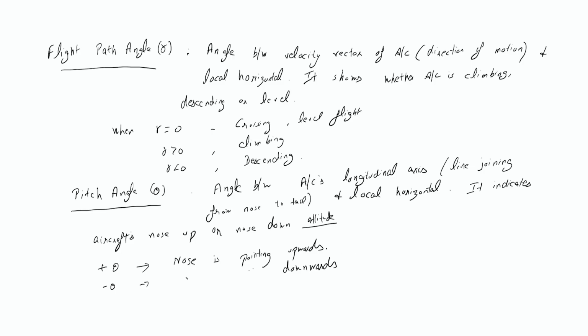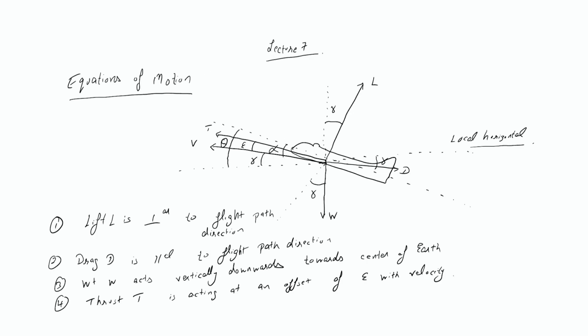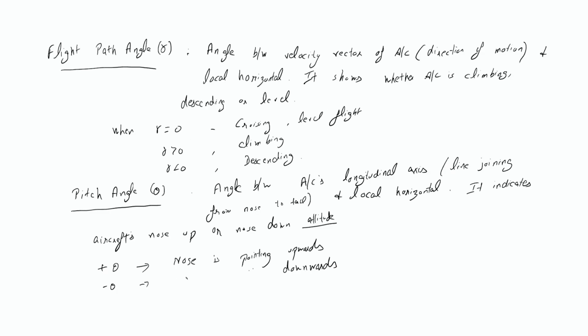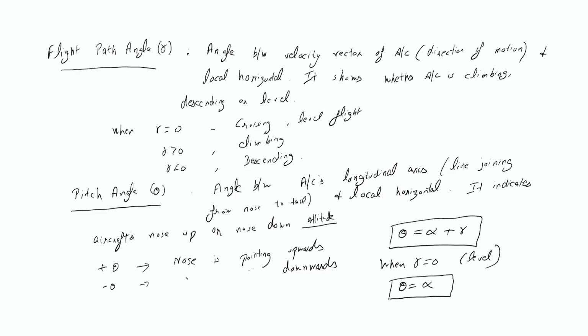Now from this figure we can easily write theta is equal to alpha plus gamma. Now when gamma is 0, that means during level flight, theta will be exactly equal to alpha.